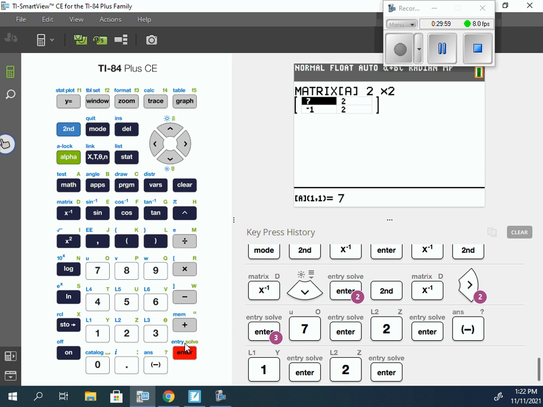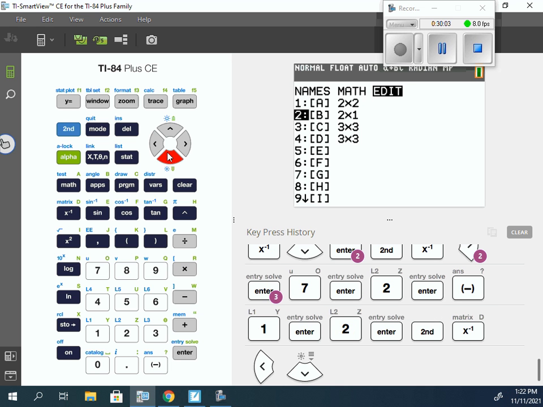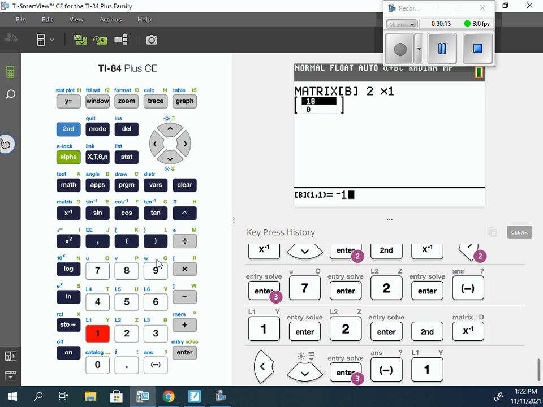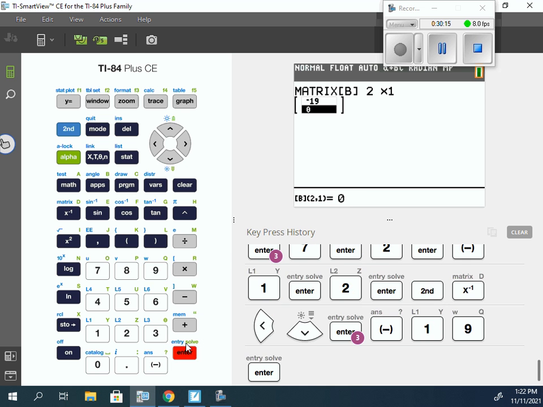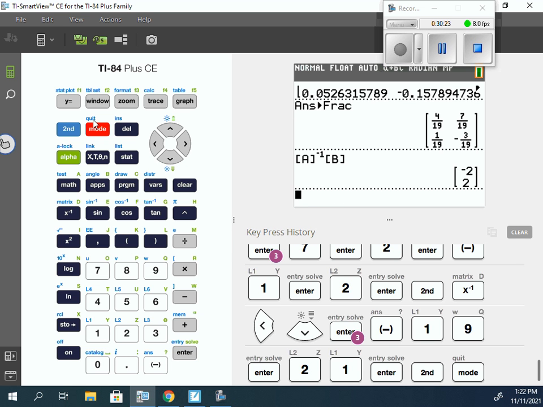And we'll type it in. Then we can go second matrix over to edit and matrix B, which is still 2 by 1. And it would be negative 19 and 21. Once we get those both typed in, we can do second quit.